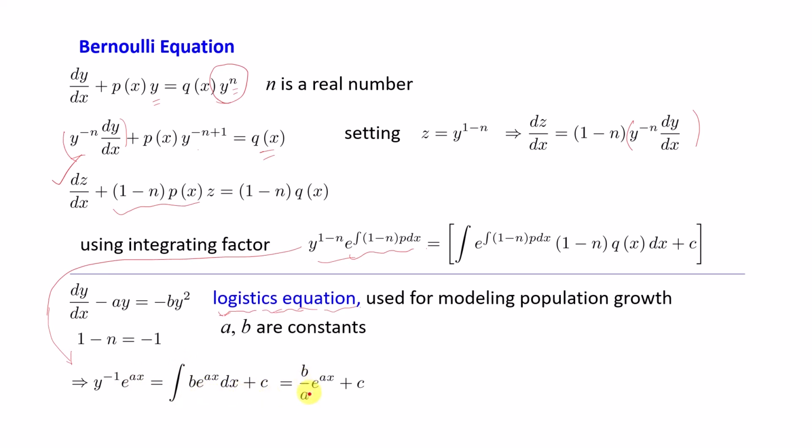After the integration, this is b by a e to the power ax plus c, which gives us y equals 1 by b by a plus c e to the power minus ax, where this constant c can be evaluated from the initial condition.